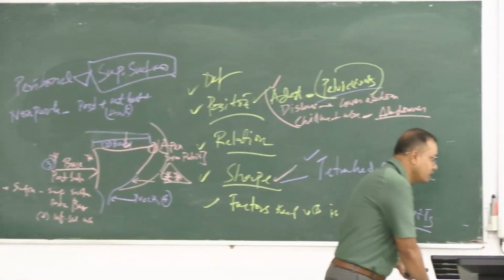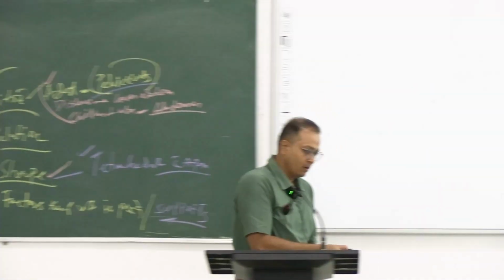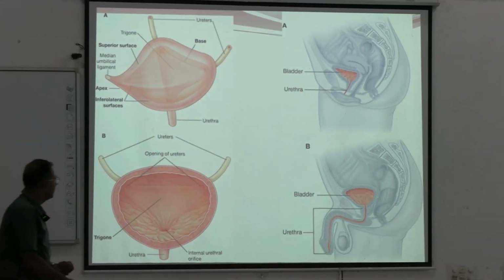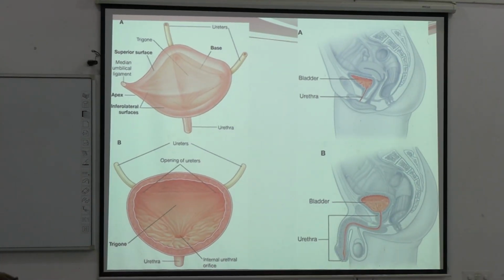Now, coming to the parts of the urinary bladder. We just mentioned the different parts: over here is the apex of the urinary bladder. Opposite to the apex is the base, also known as the posterior surface. Don't forget about it. The region between the apex and the base we call the body. When the apex meets the base, it makes the region we call the neck of the urinary bladder.